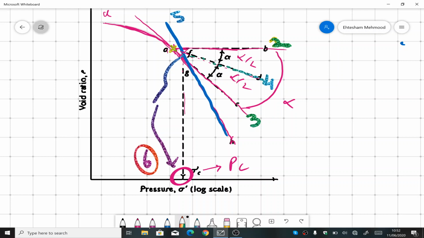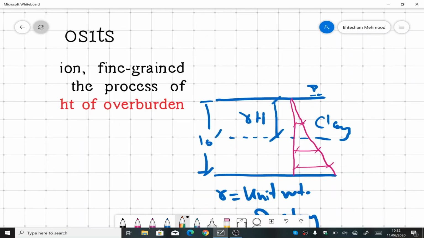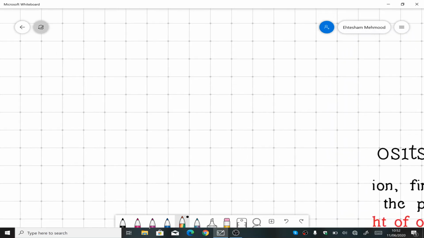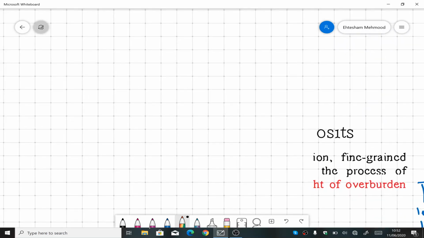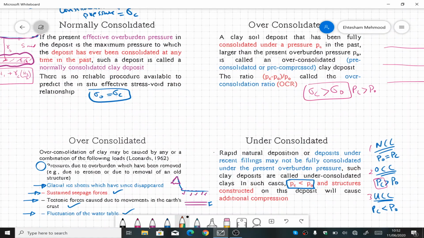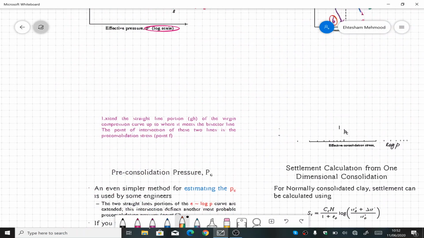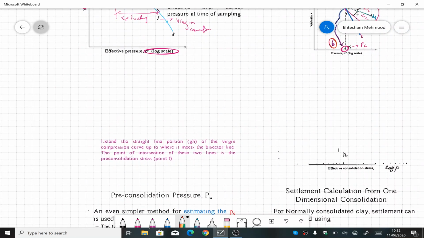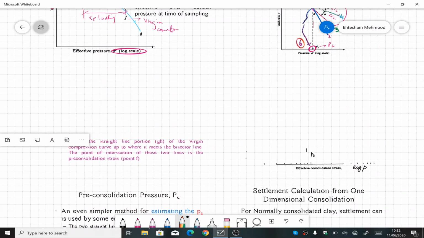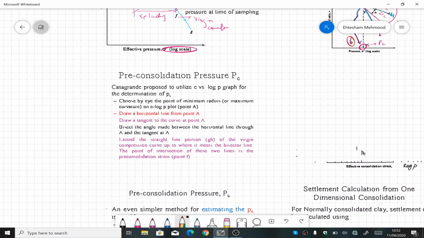Actually there are one or two more methods for finding PC. One easy method is that we make an E log P curve.